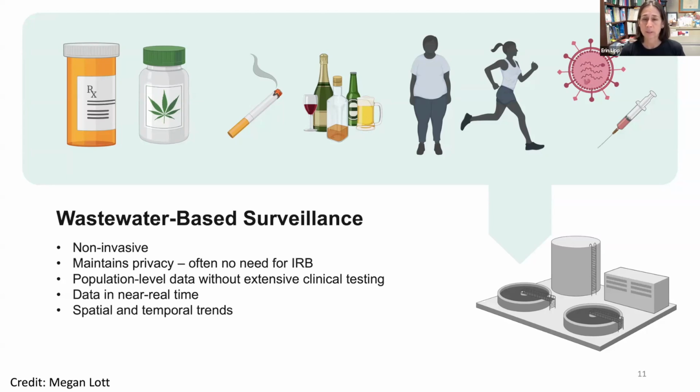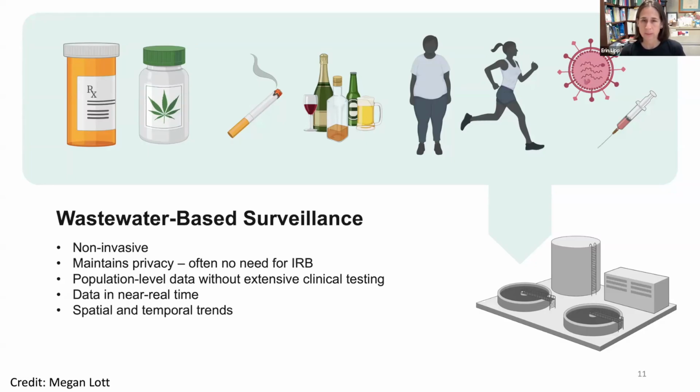Depending on how frequently you're sampling and how quickly you're getting through your processing flow, your data can be reported in near real time. So that ability to give you information quickly, especially in a pandemic or when you've got something new that's happening, is extremely valuable. And it can also give you really helpful spatial and temporal trends. Most of the time when you're setting up a wastewater-based surveillance system, you're sampling maybe daily, twice a week, weekly.